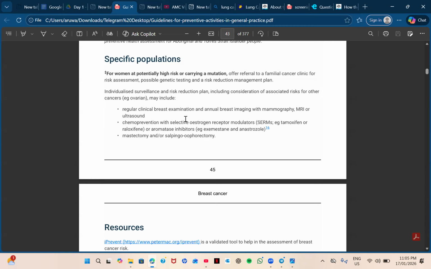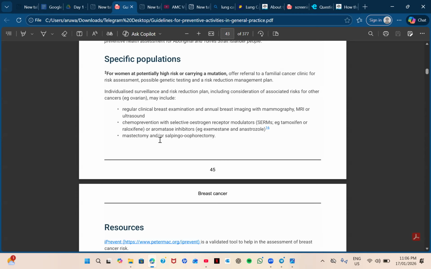So in high risk patients, they have an individualized surveillance plan, right? If they ask how often we should do the mammography, you have to remember annual. Please remember this.